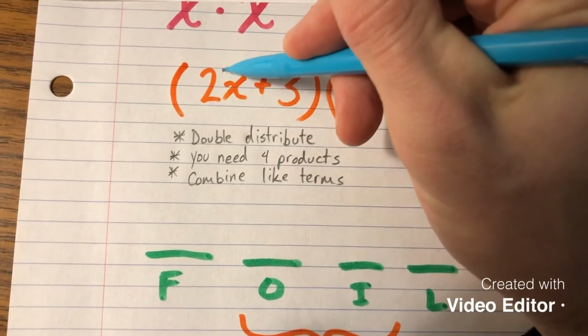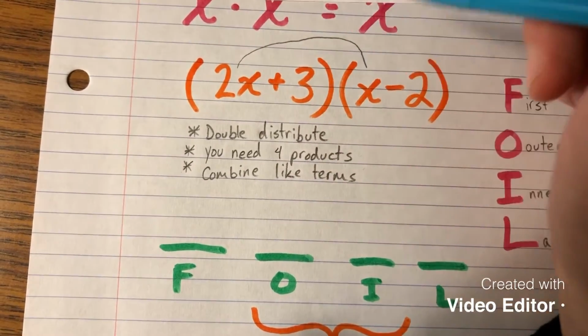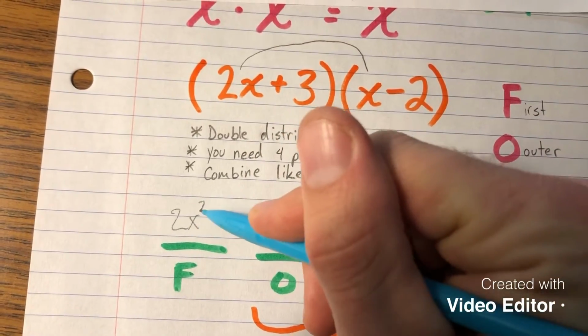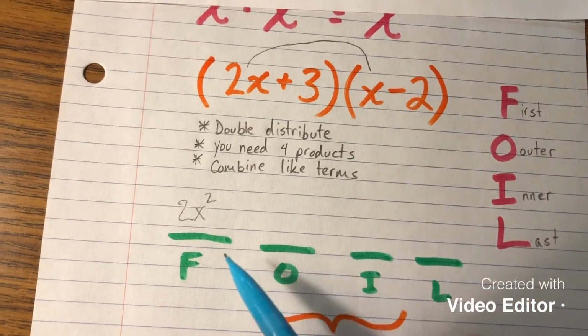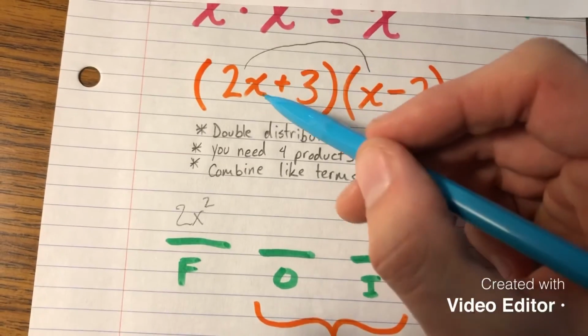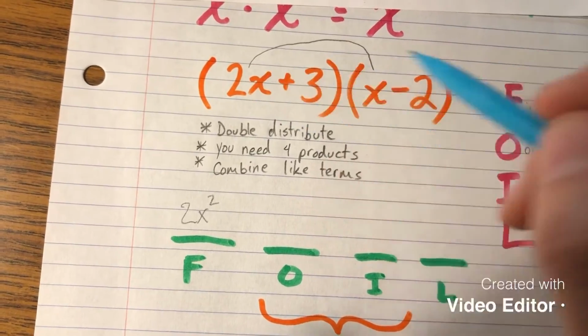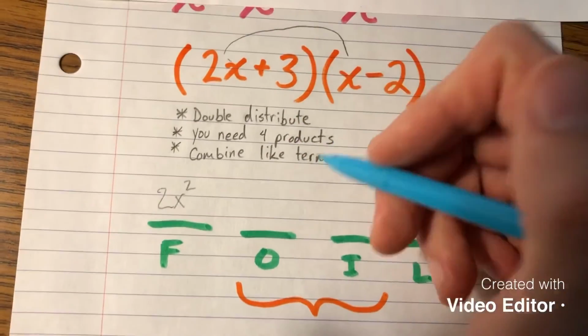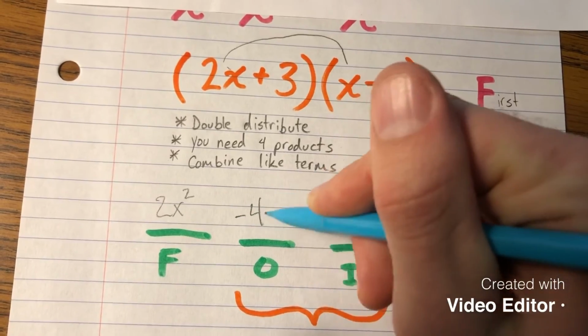Okay, so the first ones are 2x times x. And this is going to be 2x squared. That's the first product. And then the outside products are going to be 2x times -2, so 2x times -2 is -4x.